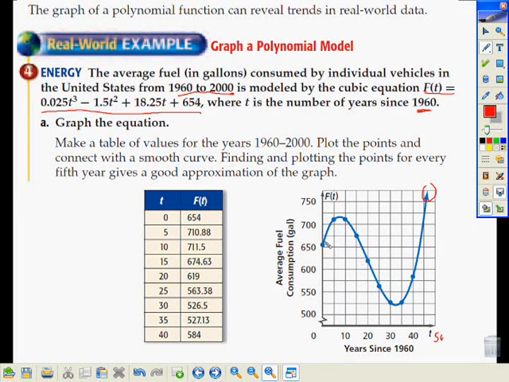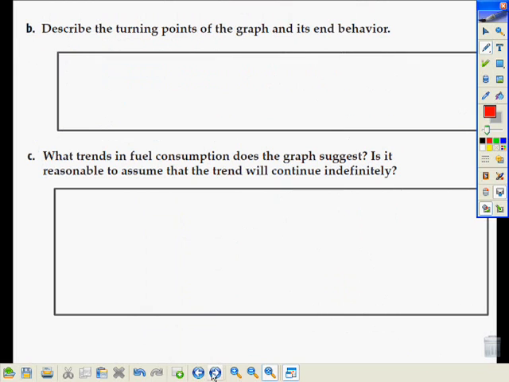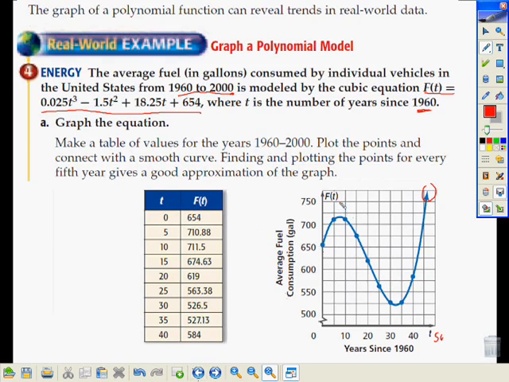So we plot each point, connect it with a smooth curve. Now the second part of this asks to describe the turning points of the graph and its end behavior. So the turning points are our maximum and our minimum here. This is happening at about, I don't know, 17 or 18, and this is happening about 32 or 33, somewhere in there.